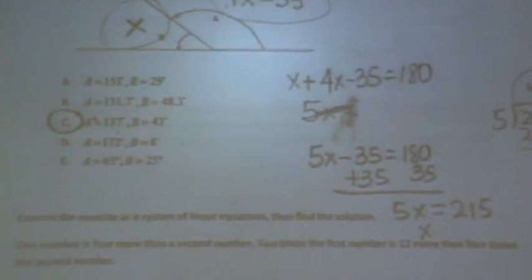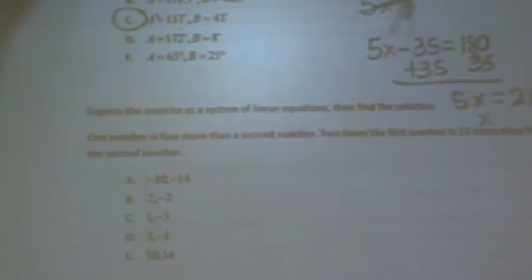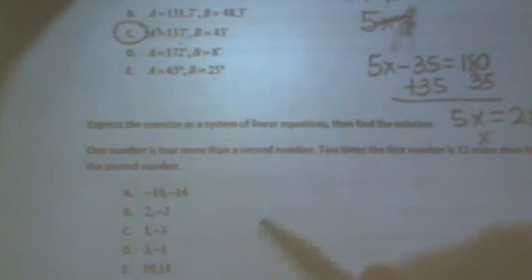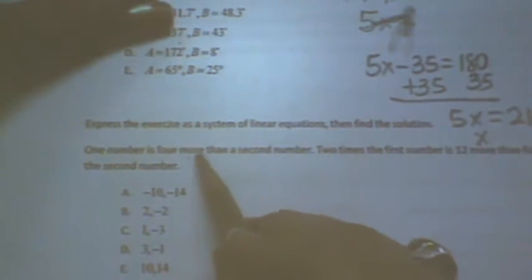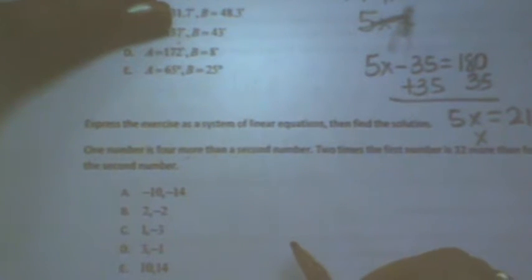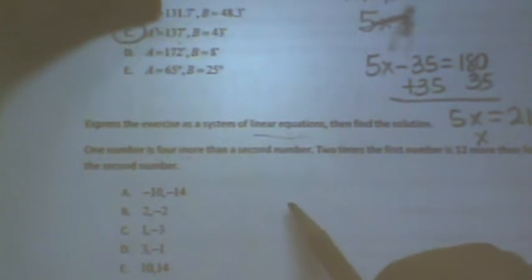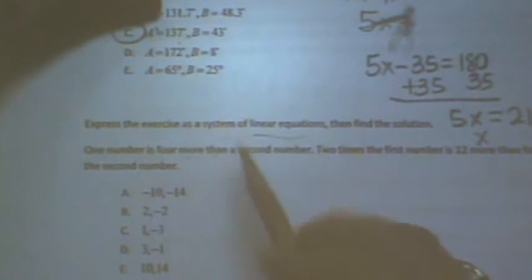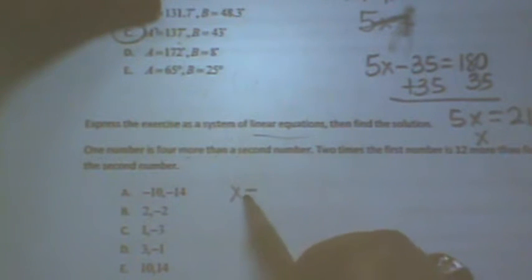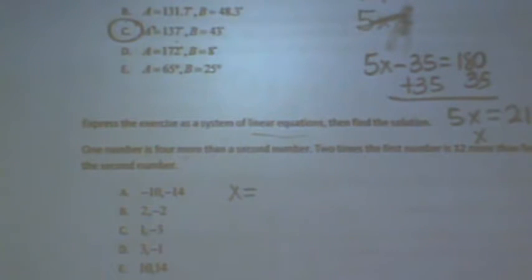Okay, next one. One number is 4 more than a second number. So we have to set up a system of equations for this one. One number, we're going to call that x, is 4 more than the second number. We have 2 numbers, one is called x and one is called y.